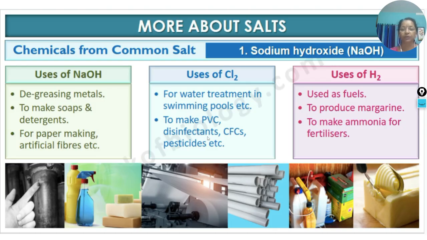Hydrogen is used as a fuel, to produce margarine, meaning artificial butter, and to make ammonia for fertilizers. Urea and others are made from ammonia, which is made from hydrogen in turn. So these are the importance of the chemicals we obtained from the chloralkali process.